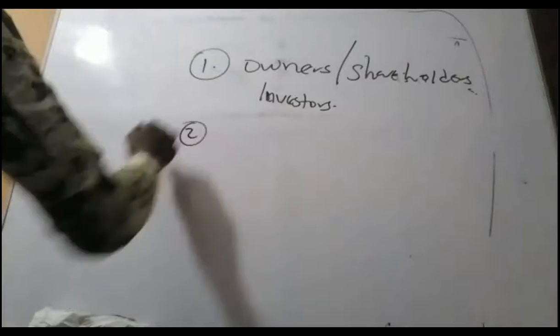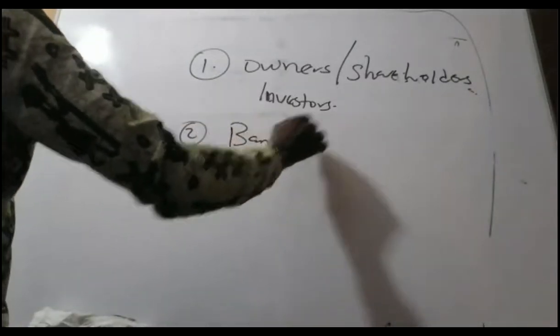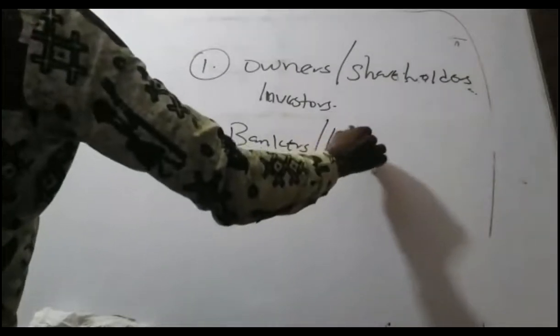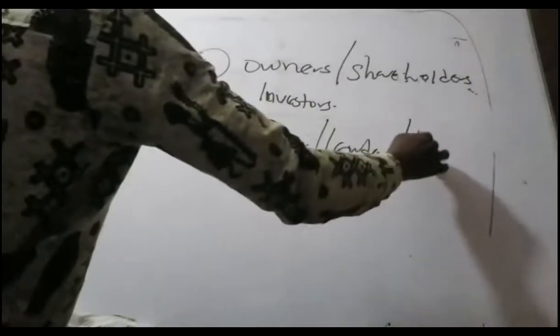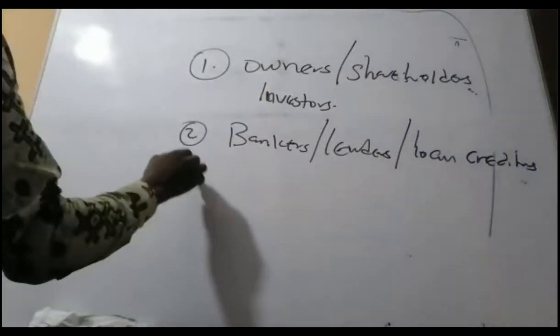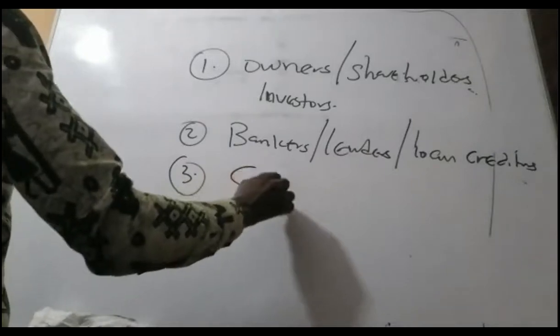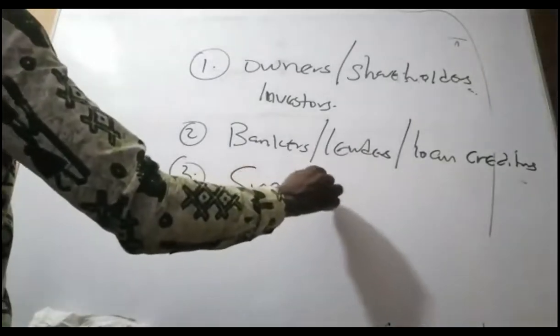Number two, bankers or loan creditors or lenders. Number three will be suppliers, those that supply the fruit on credit.